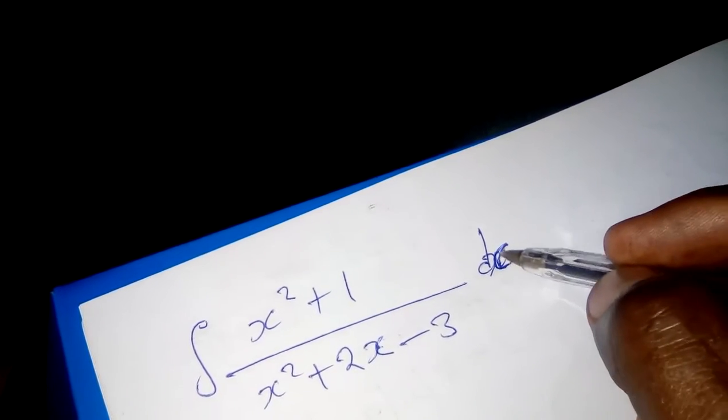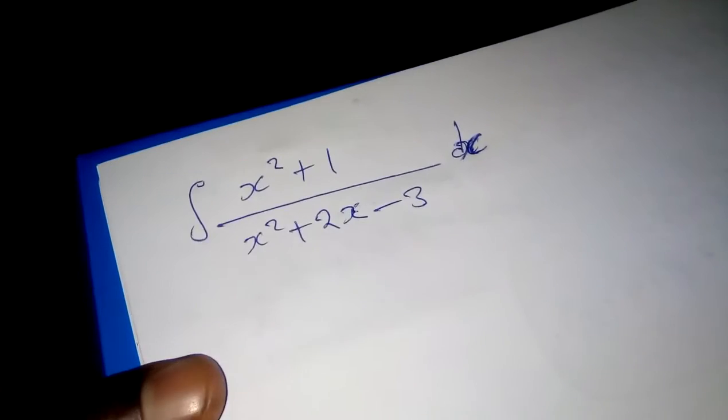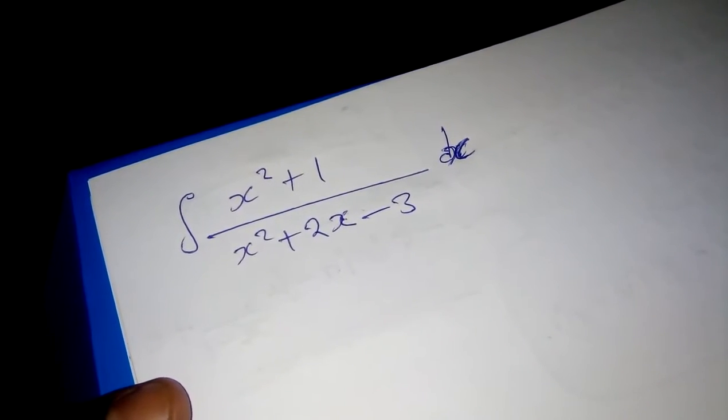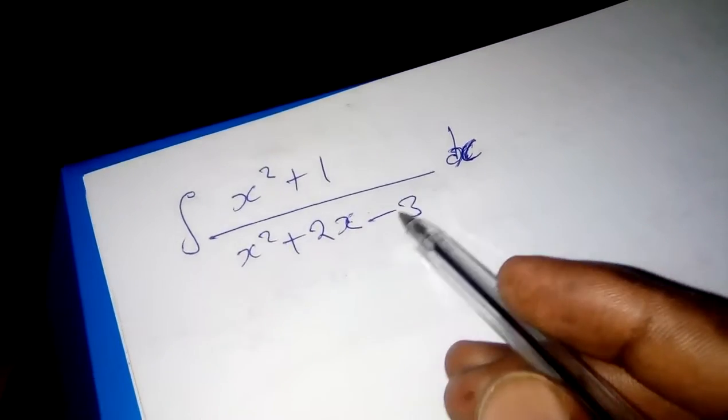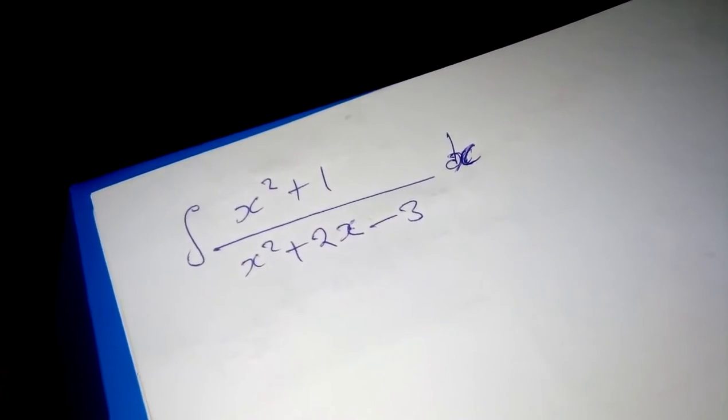So I think solving these questions is straightforward. You guys can do this. Even this one is just a matter of simplifying. You simplify the denominator, you express it in partial fractions, and then integrate.